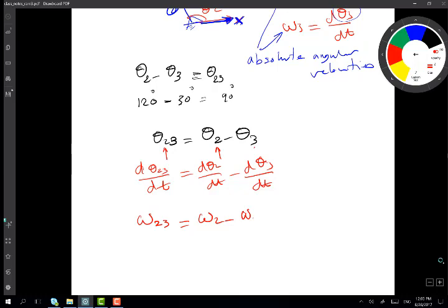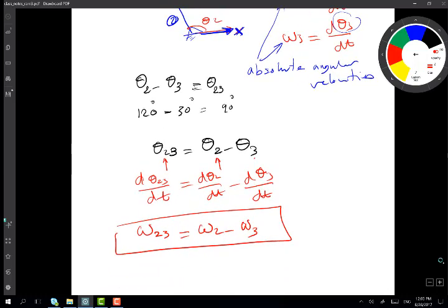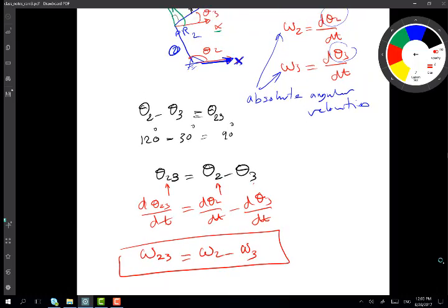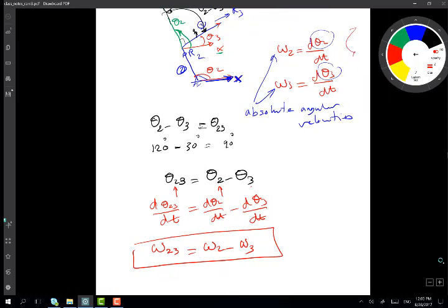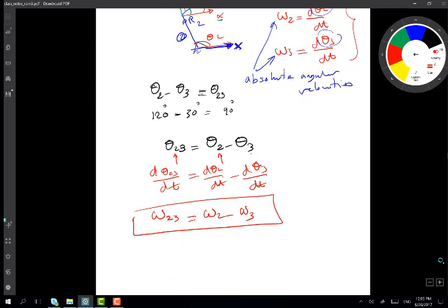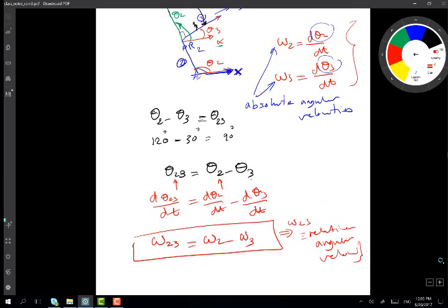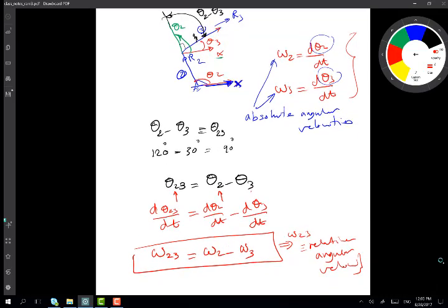So this is a relative angular velocity, as was the difference between the absolute angular velocities I referred to previously up here on the page. So this here is omega 2,3, the relative angular velocity, and this difference, theta 2 relative to 3, is like a relative angular position.